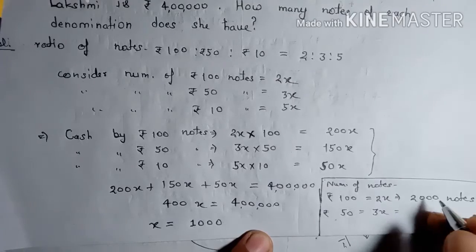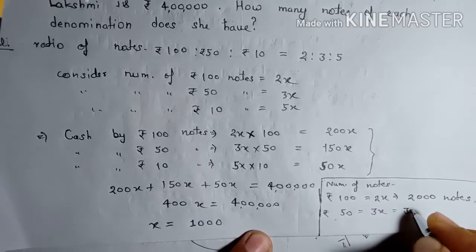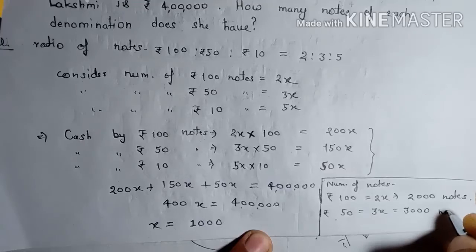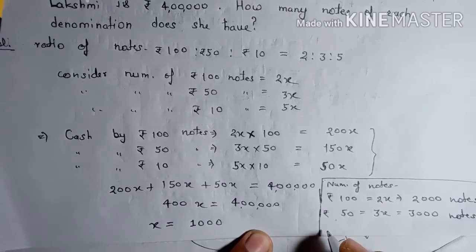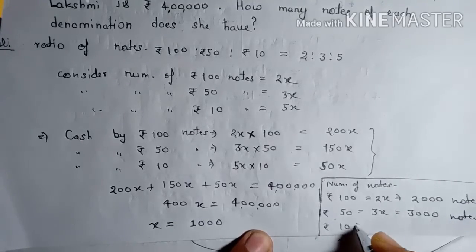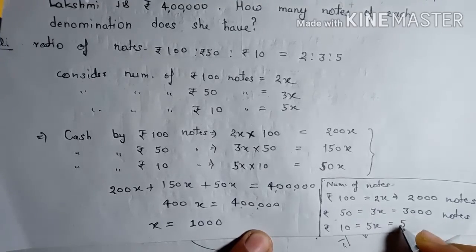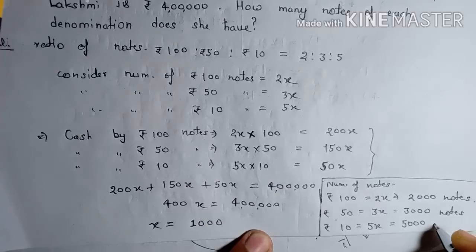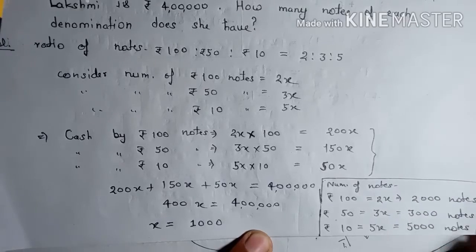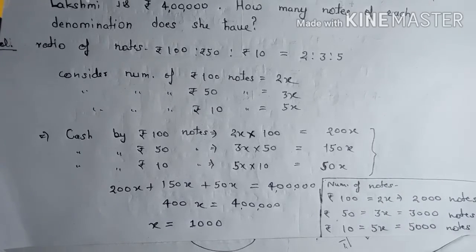So you will get here what? 3000 notes. And of rupees 10 you will get 5x, so that is 5000 notes. So these are the answers here.